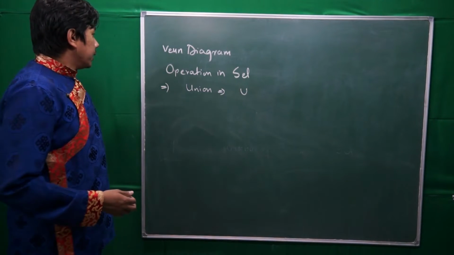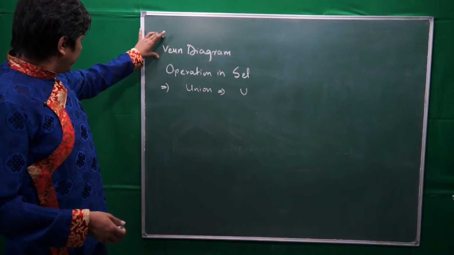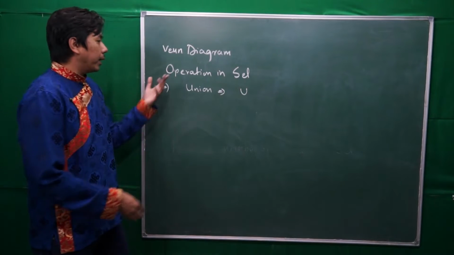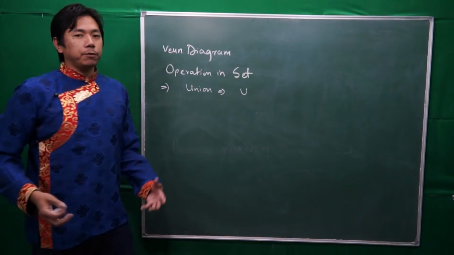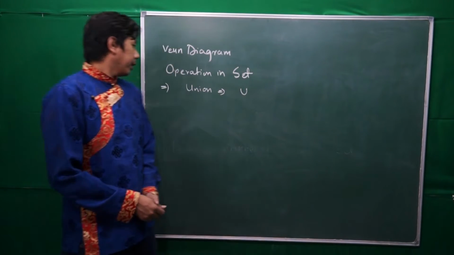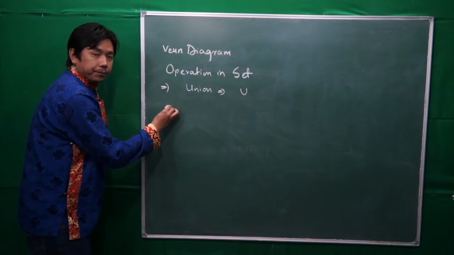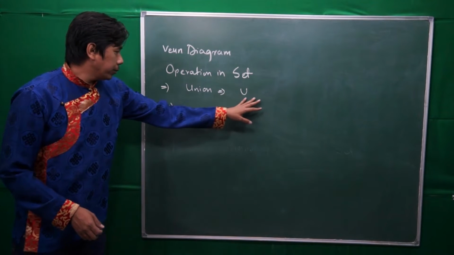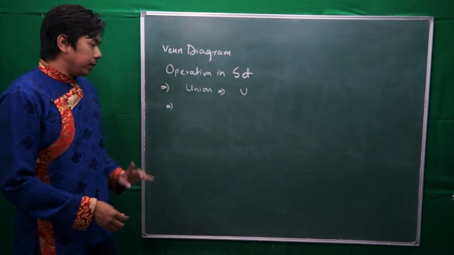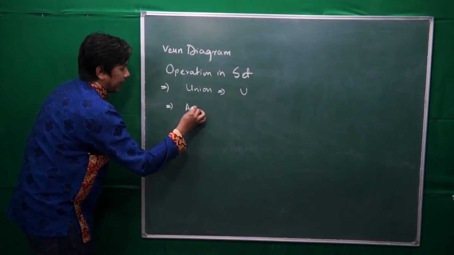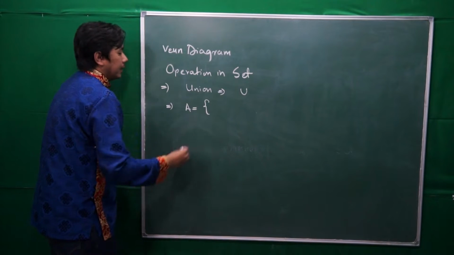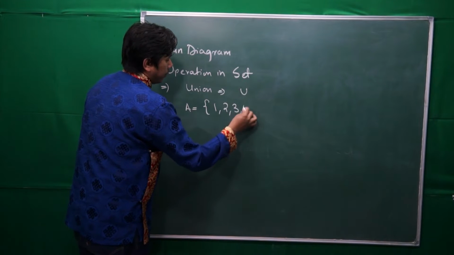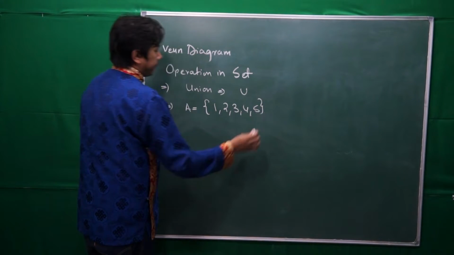All right, now I'll be combining the Venn diagrams topic with operations in set, and you can understand clearly how a Venn diagram and operations of sets function. To understand this operation union, we have a set A. Let's say set A's elements are 1, 2, 3, 4, 5.